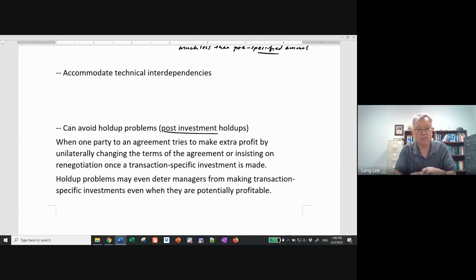So here the keyword is of course holdup problem, but another keyword is transaction specific investment. So what is a transaction specific investment?